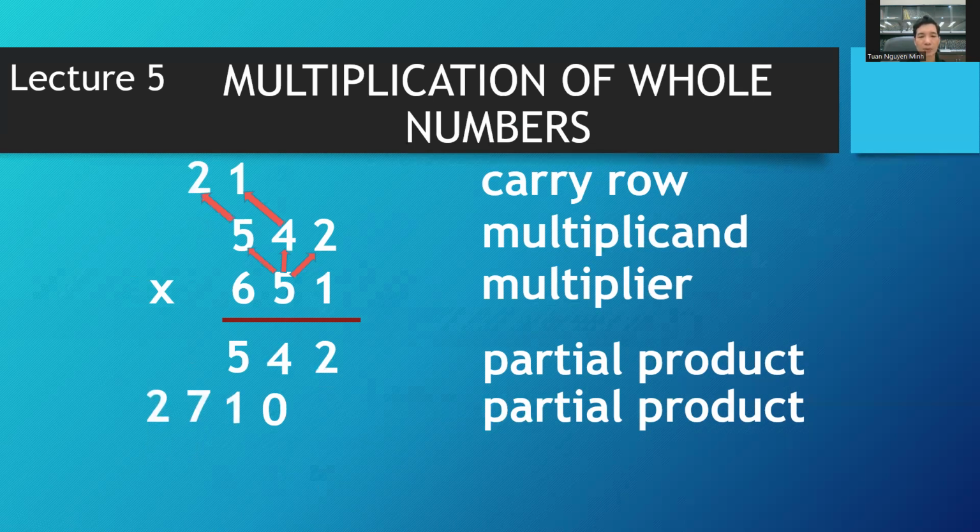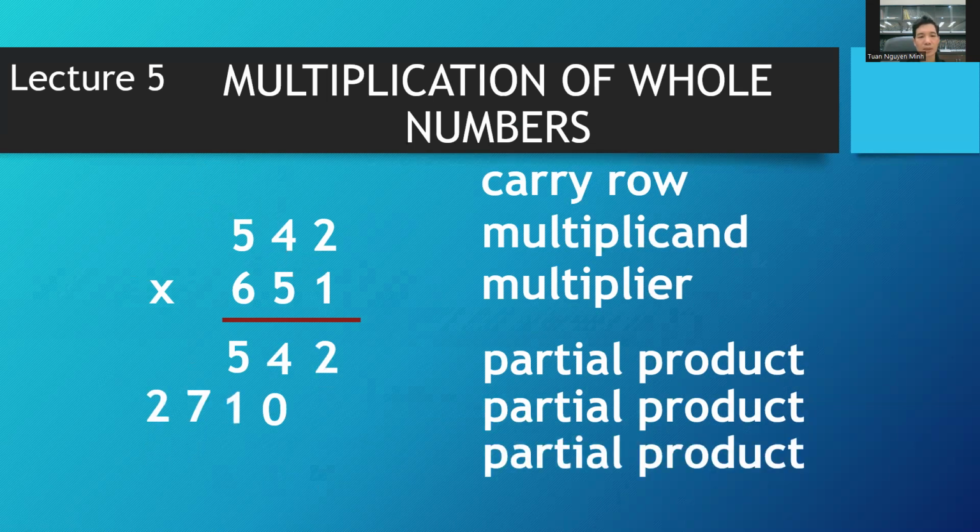Okay, next step, you find the next partial product. The next digit of the multiplier is 6. The third partial product, you will calculate 6 by 2, so you got 12, write 2, and leave 2 places to the left.